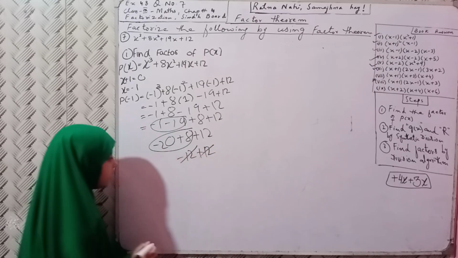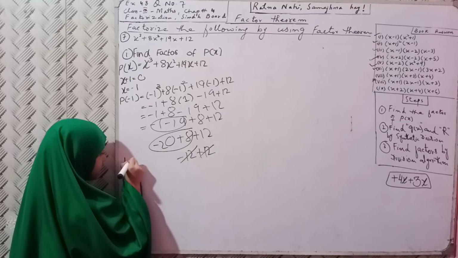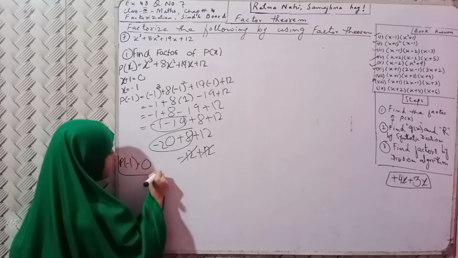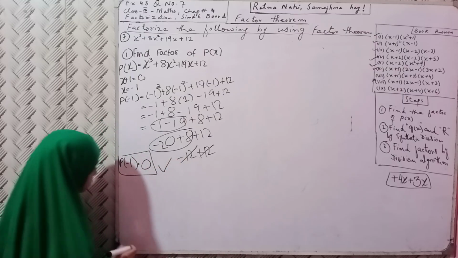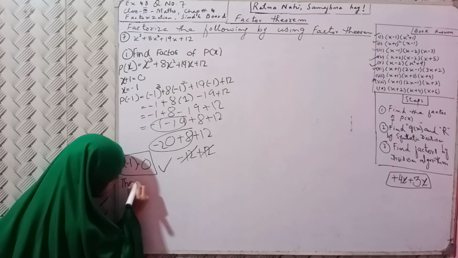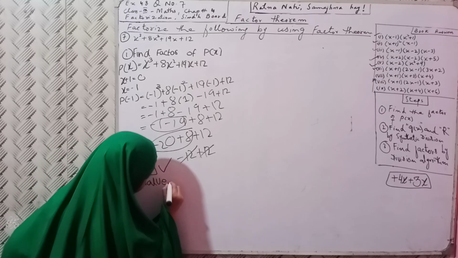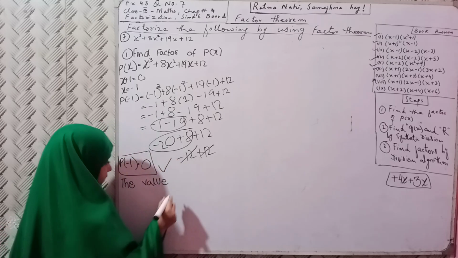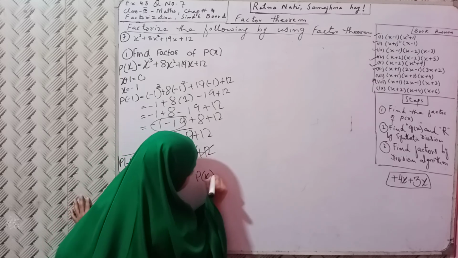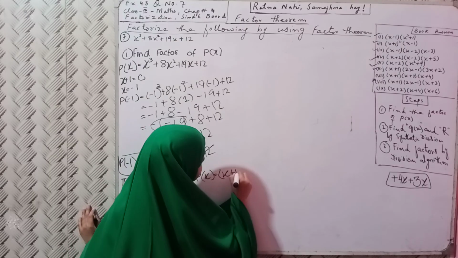Simply, this will cancel. So p(minus 1) is equal to 0 and this is correct. So the factor of p(x) is x plus 1.